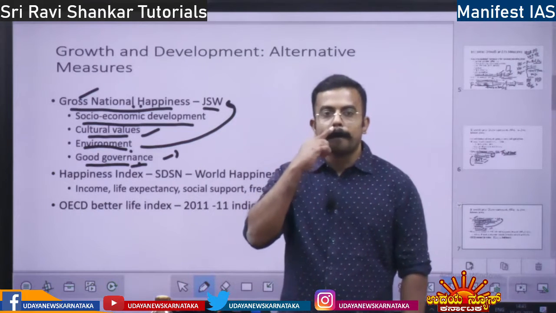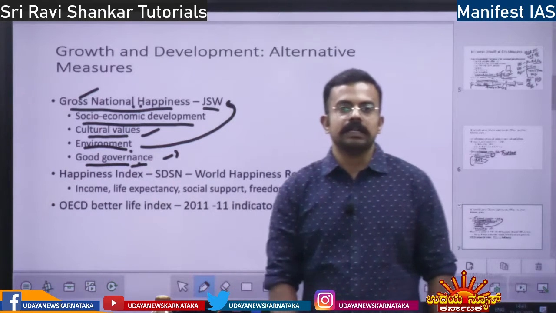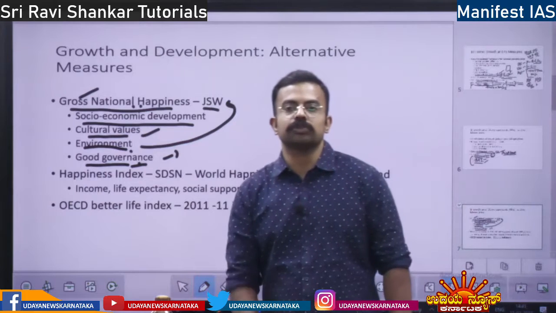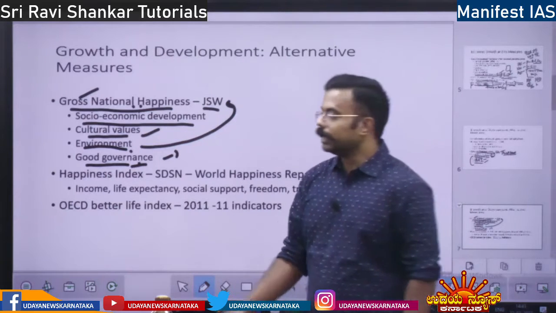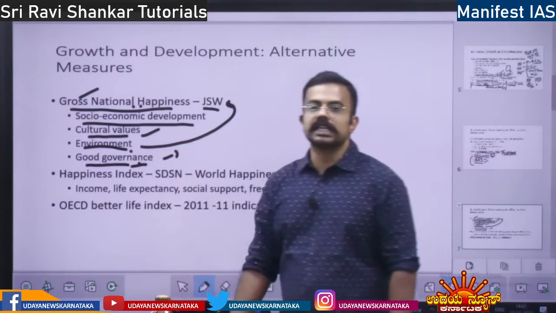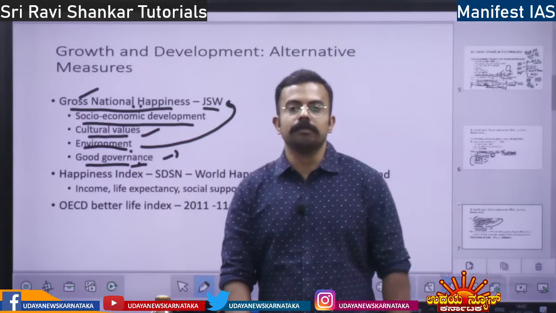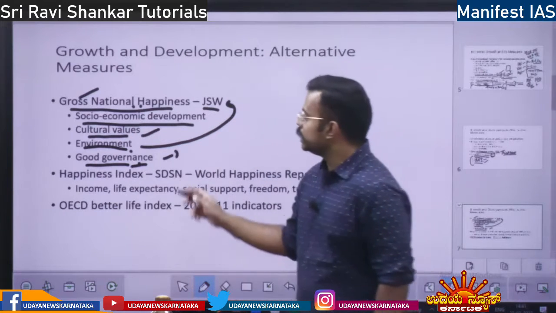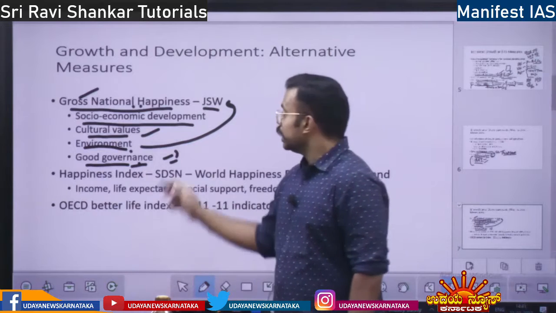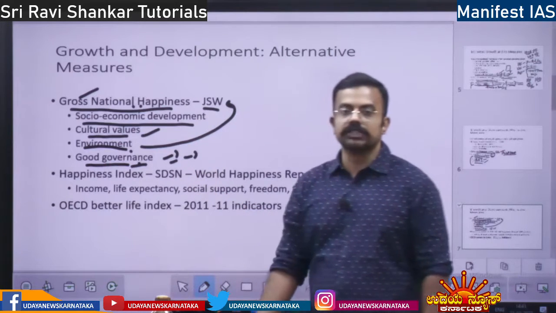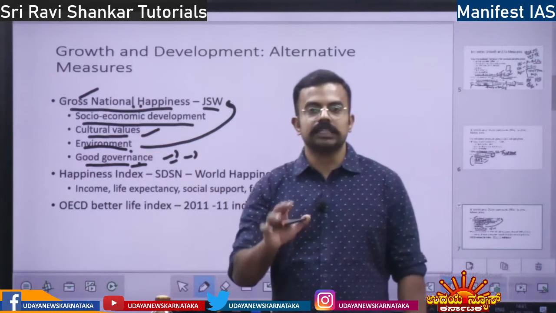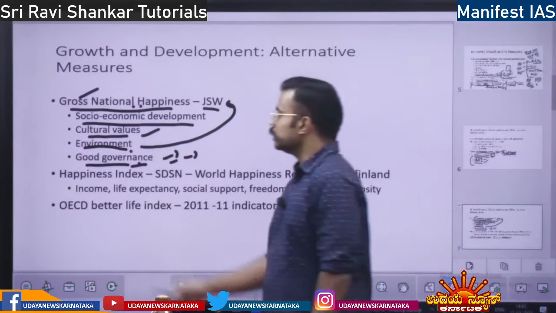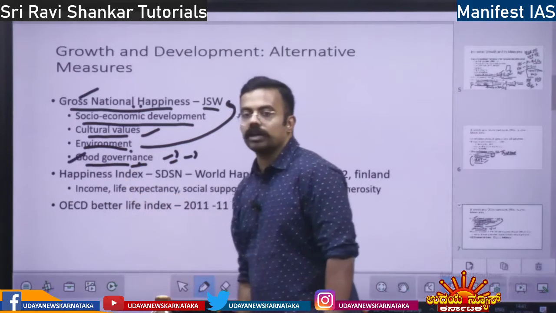In the revenue department, if the caste certificates are issued on time, right? If there is grievance redressal, if there is any problem you face, your problems are easily solved. And there is digital governance. You need not go to the office, you can just submit the application online. All these things fall under good governance.